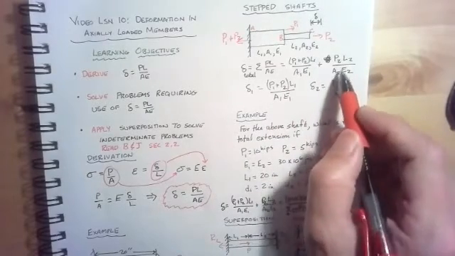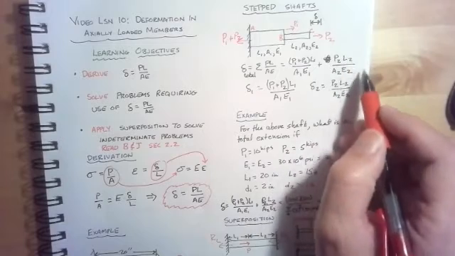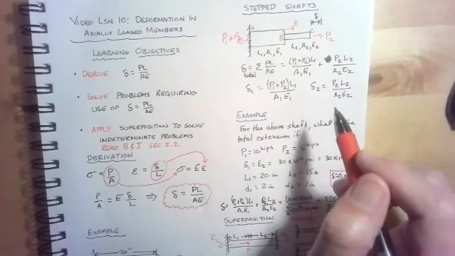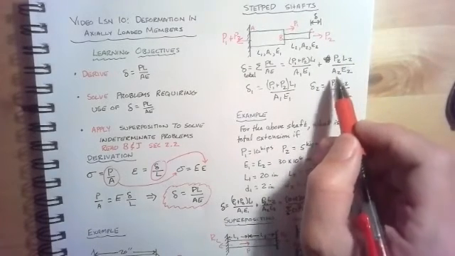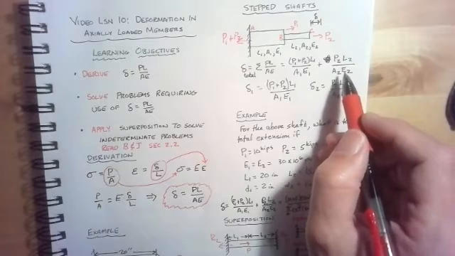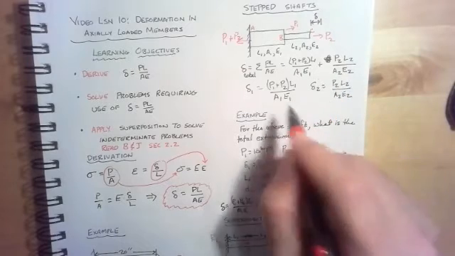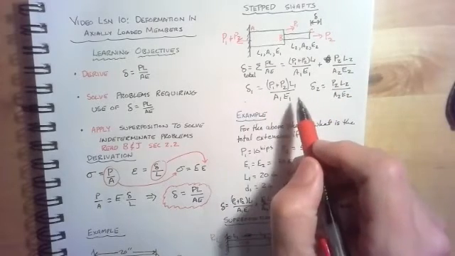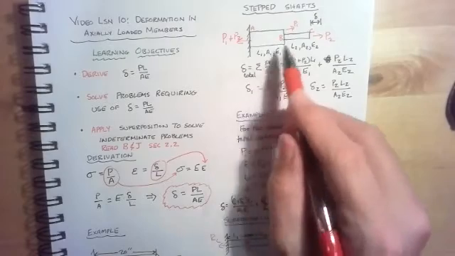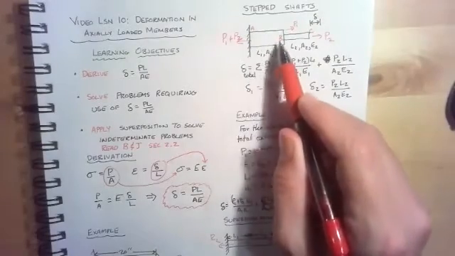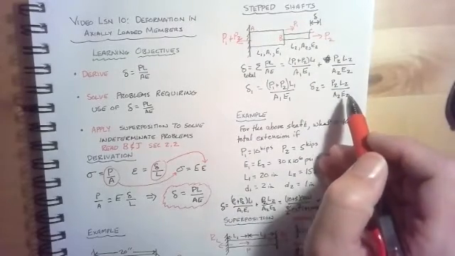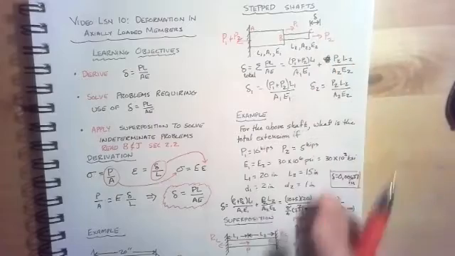And then to that, I should add the contribution for the second part of the shaft, which would be P2 L2 over A2 E2. And I could consider each part individually. So delta 1 would be just the extension of shaft 1. Delta 2 would be the extension of shaft 2.